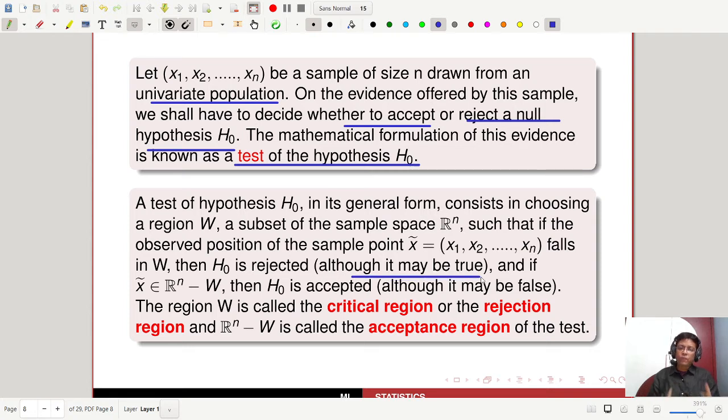Suppose with the sample observations you have a value for the test statistic, the mathematical formulation. If this computed value of the test statistic falls in W, which is a subset of the sample space Rn, then we reject H naught.